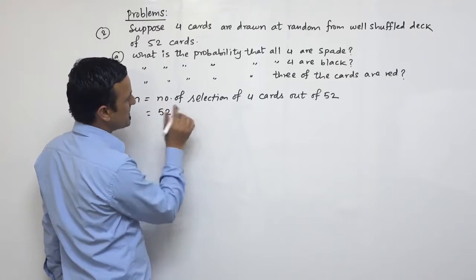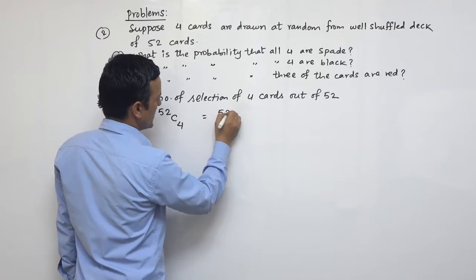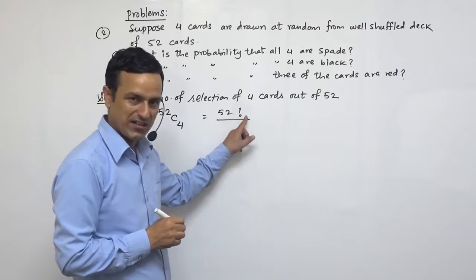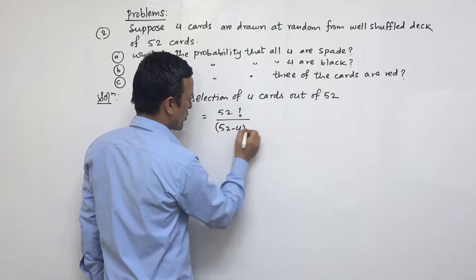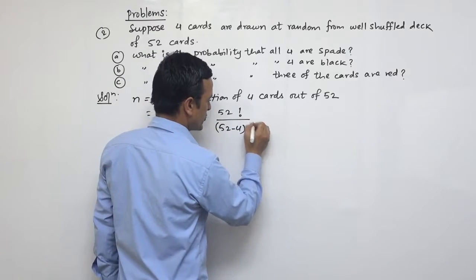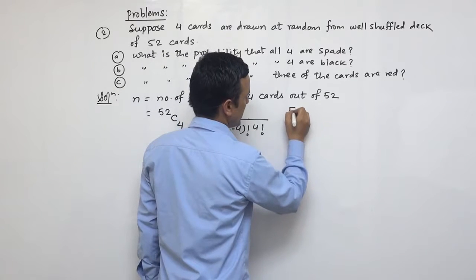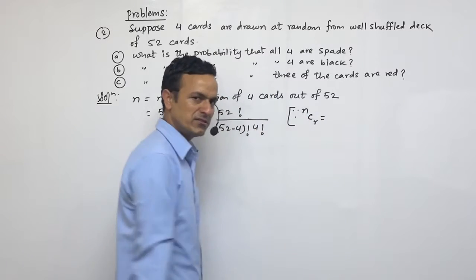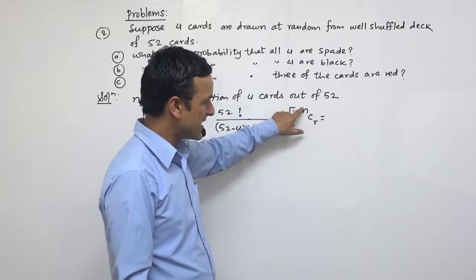When we calculate this value by using the formula, it can be written like this: 52 factorial, this is the symbol of factorial, over 52 minus 4 factorial times 4 factorial. So nCr means combination. r objects can be selected out of n objects.